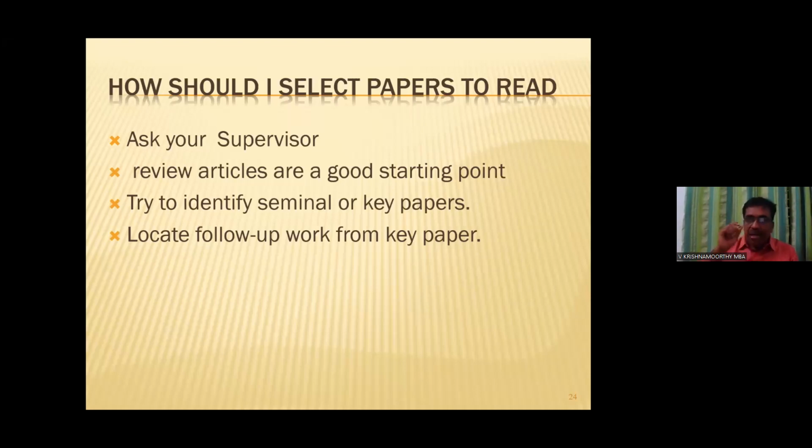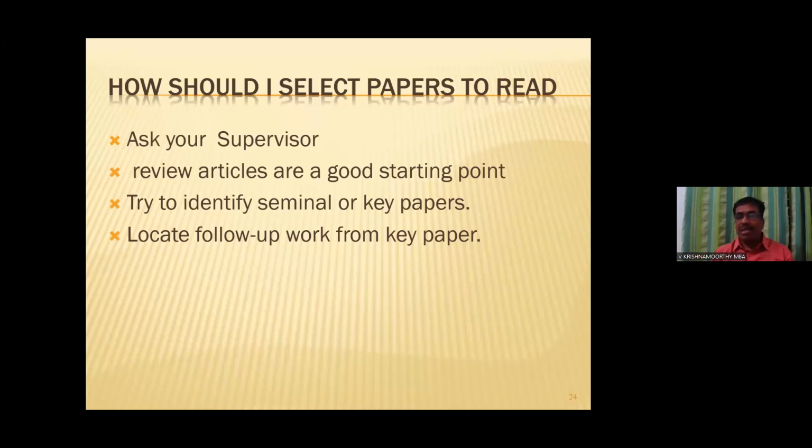I can prepare one table with the number of downloads. I can download some articles. How many people have downloaded this article? Next, the number of people who have cited this article. Based on the number of downloads and the number of citations, you can come to a conclusion. For example, if the number of downloads and citations are equal, you take the number of citations.